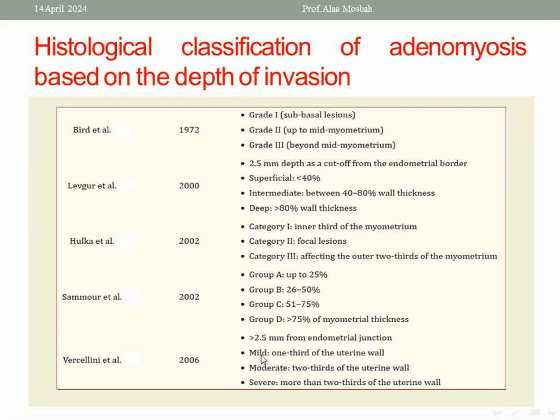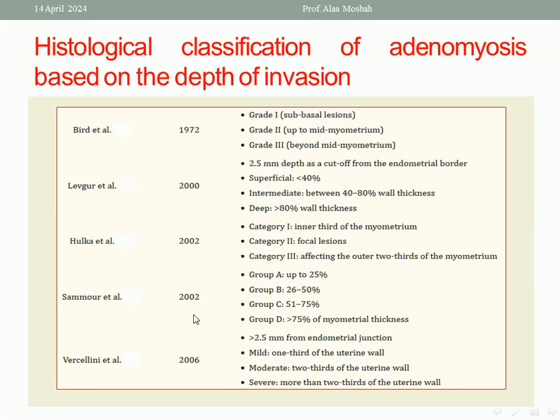Grade 2, mild cases, 1/3 of the uterine wall is affected. While in moderate cases, 2/3 of the uterine wall is affected. While in the severe form, more than 2/3 of the uterine wall is affected.